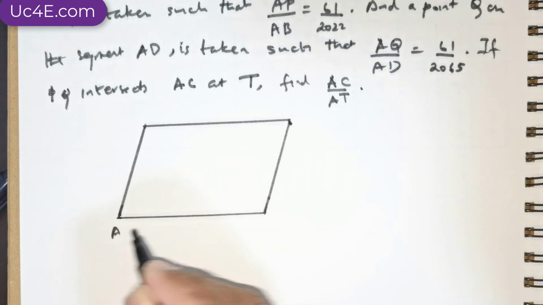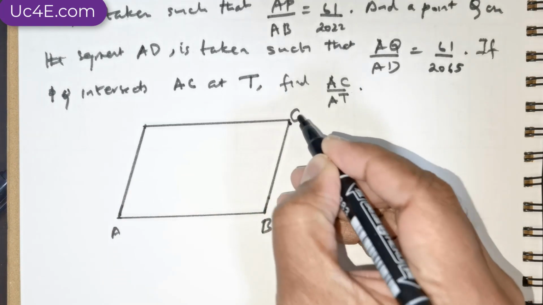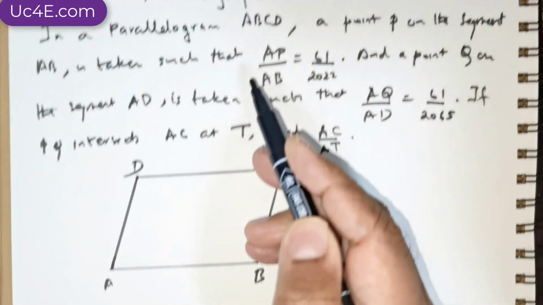So we got A, B, C, D. This is the first point.